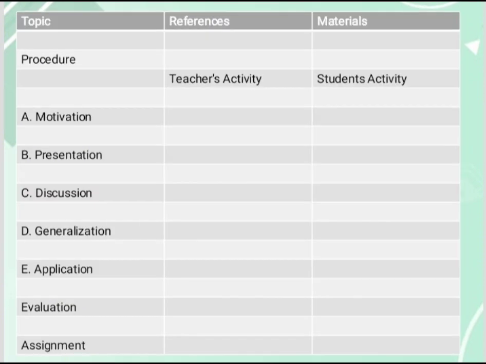And next we have the topic, references, and materials, kung ano yung ituturo natin and ano yung reference natin sa topic na yon, and ano yung mga gagamitin natin sa pag-deliver ng ating topic or lesson.